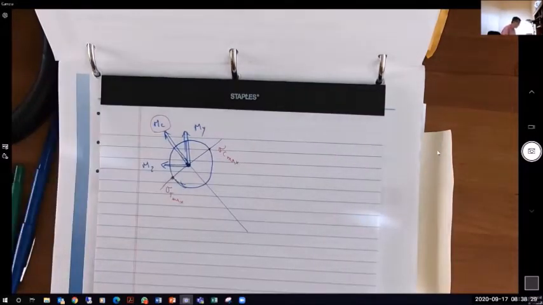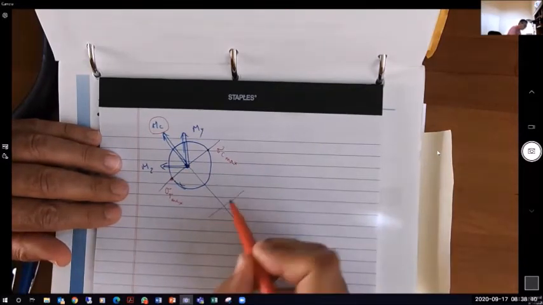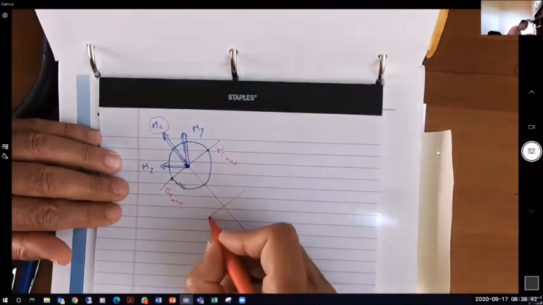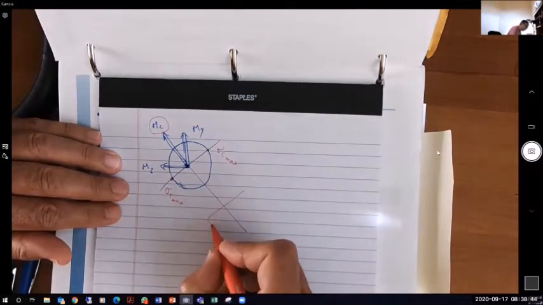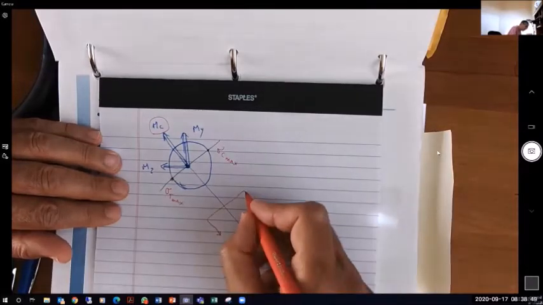Now, if I plot the axial stress distribution here, I'll be looking at the variation along this perpendicular direction. That is going to look like this: here is my maximum tension, and here is my maximum compression.